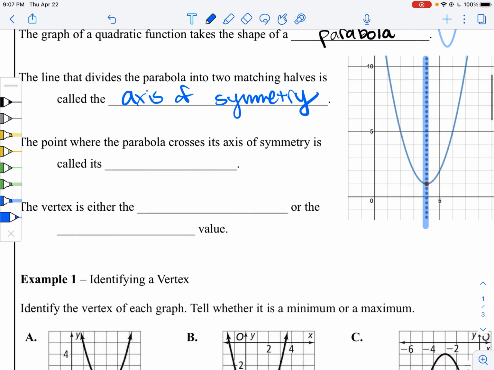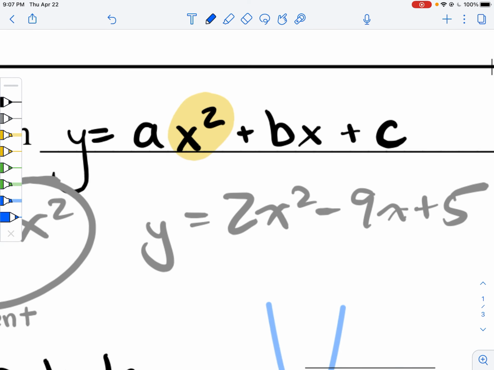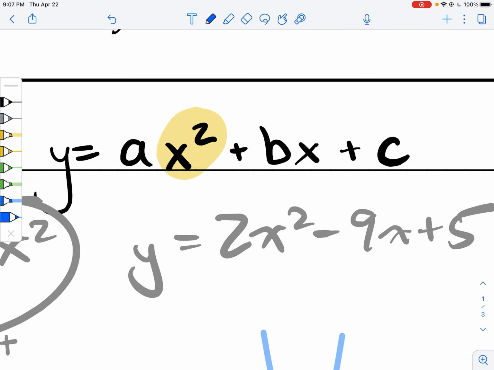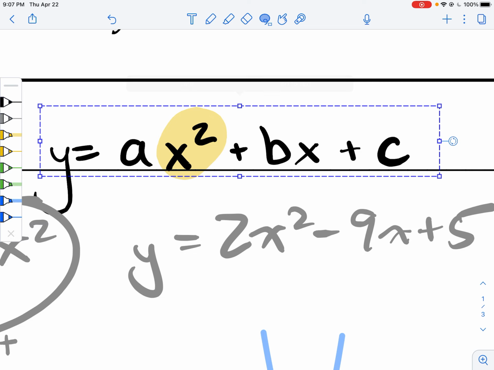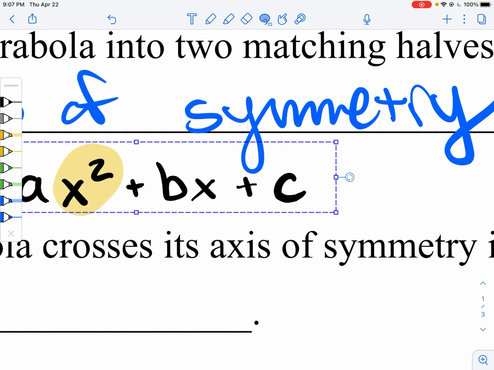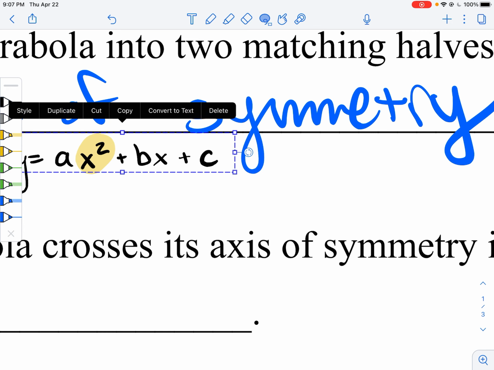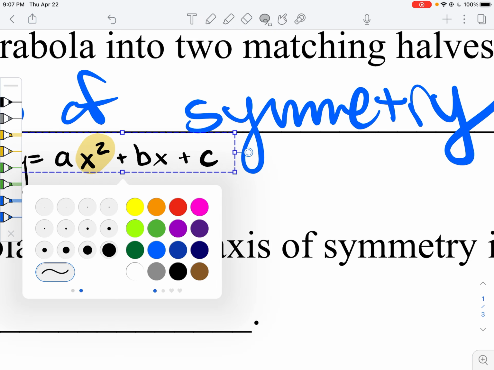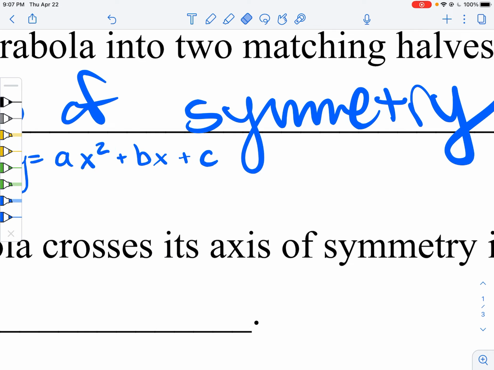Fun fact: if you have y equals ax squared plus bx plus c, you can find the axis of symmetry by taking your a and b values, and it will always be the line x equals negative b over 2a. Again, that'll come in handy later.